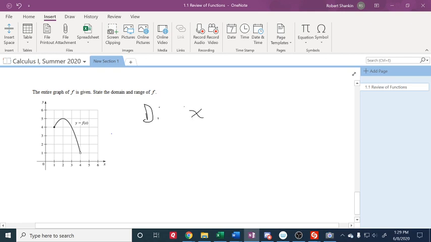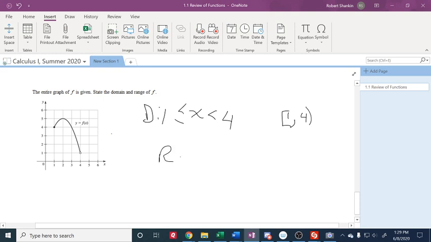And we could state that the domain is, now how far left to how far right does this graph go? It goes from 1, it includes the endpoint, so I put the equal sign, and it goes to 4, like this. The other way to state that is bracket 1, comma, 4, parentheses.